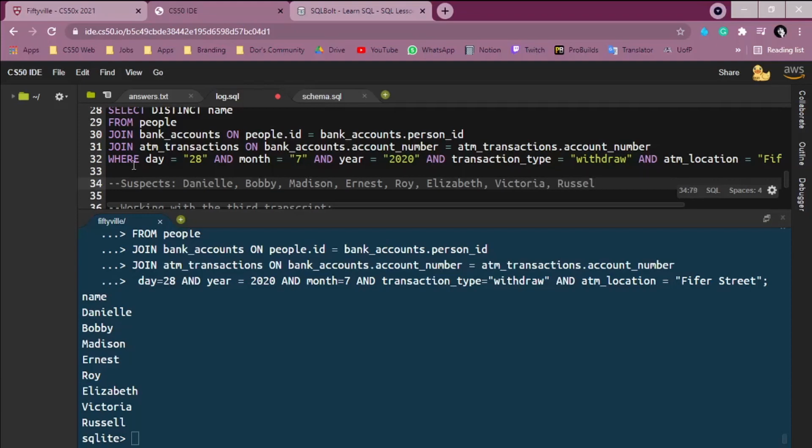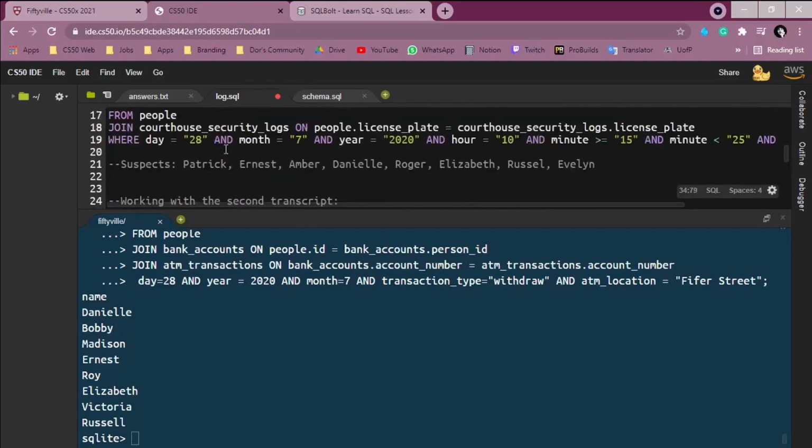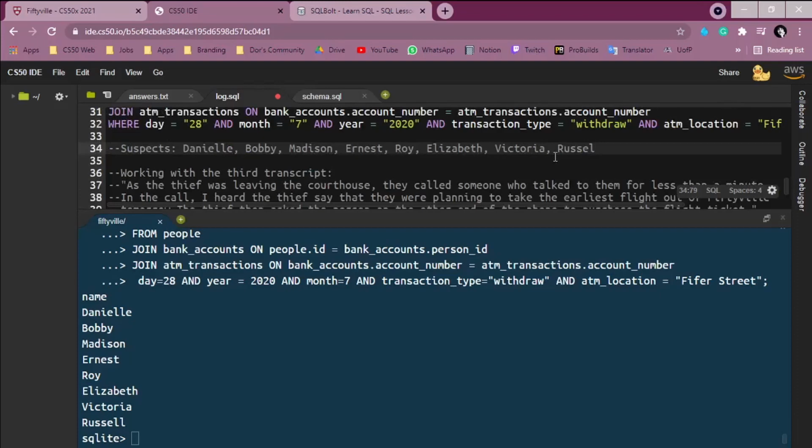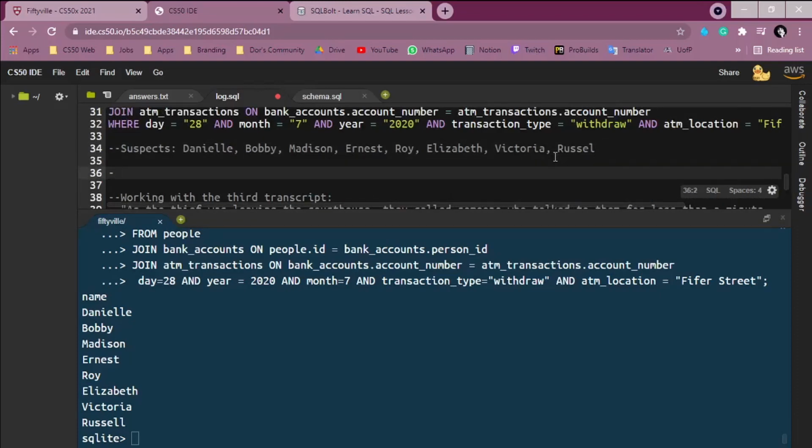And by now we can start looking at whether the suspects that we get in here are the same that we get in here. So we can start excluding the suspects that don't appear twice.